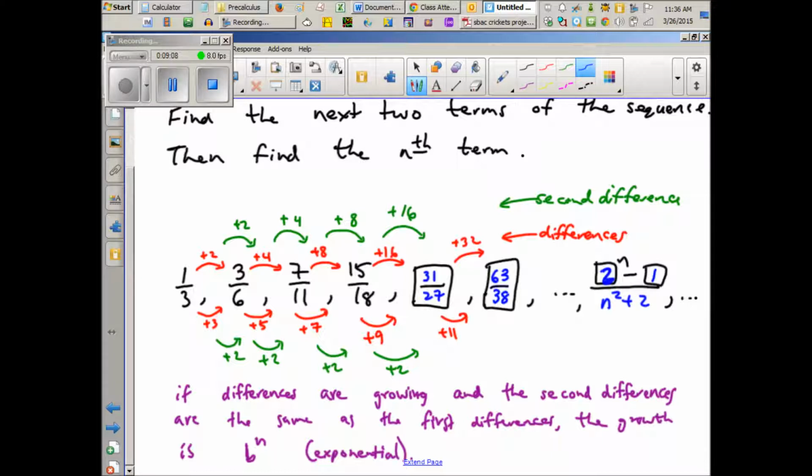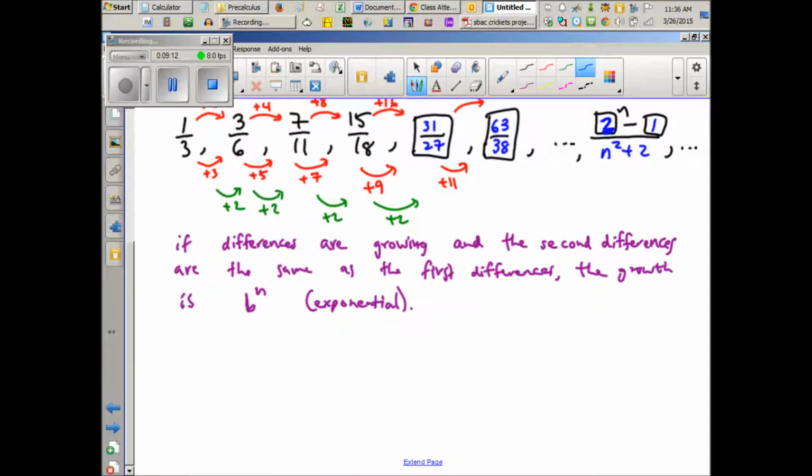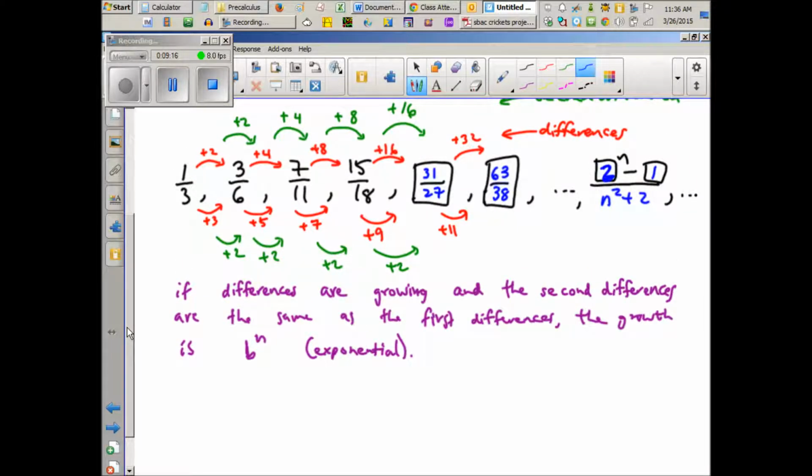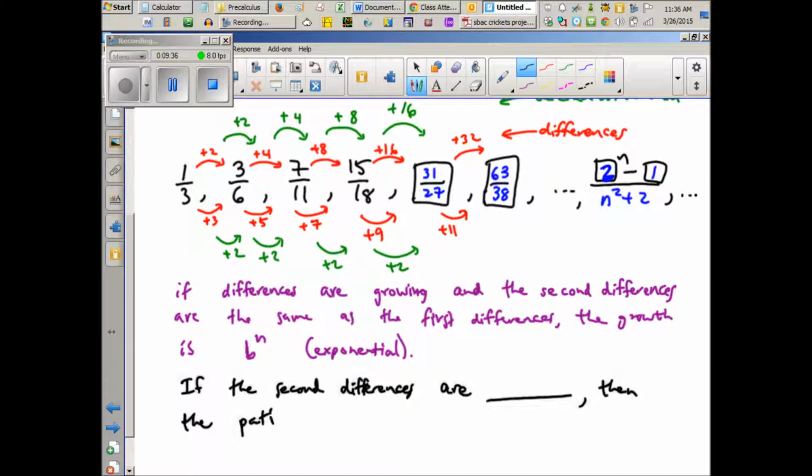How could you write a sentence about this? Go ahead and write it. If the second differences are what, then what? That's what I want. I want a sentence, okay? Write it. If the second differences are what, then the pattern or the growth is what?